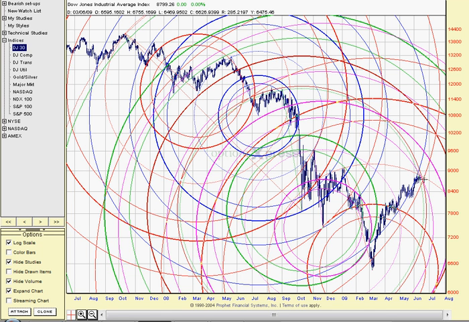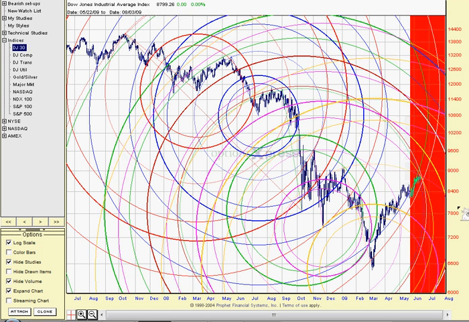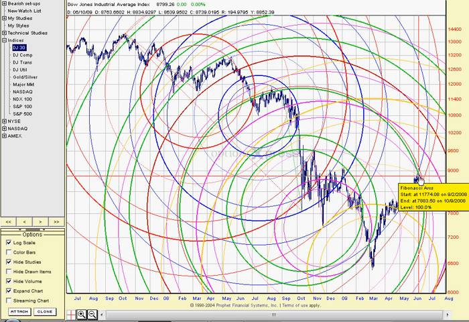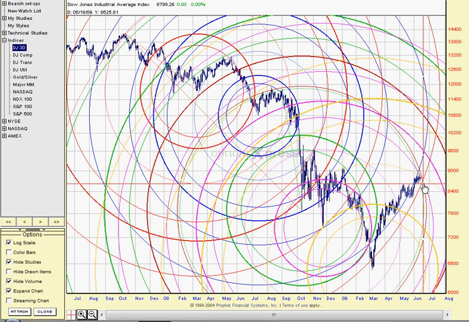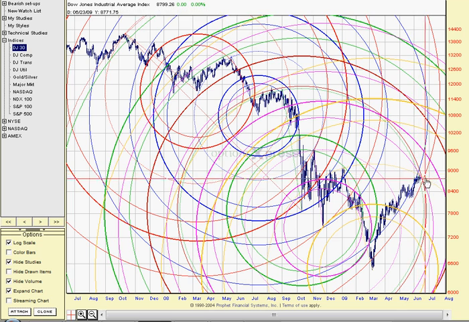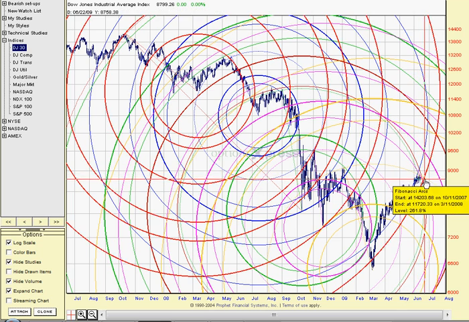There's a node of four arcs that intersected late this last week, and then there's three that intersect exactly this coming Wednesday or Thursday. And all of these arcs intersect right near the current price levels and within the last few days to the next few days from now.